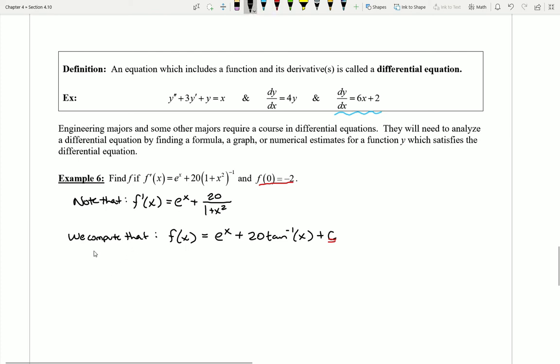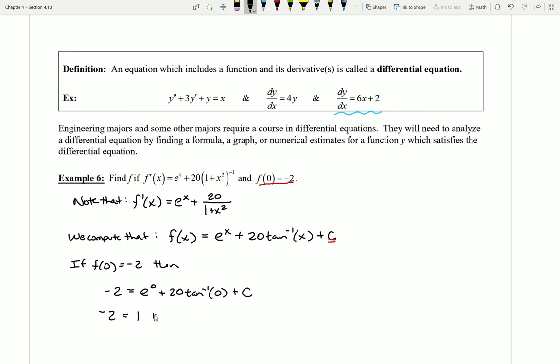So I would go ahead and state that if it's the case that f of 0 is equal to -2, then it must be that -2 is equal to e to the 0 plus 20 times the inverse tangent of 0 plus c. Now e to the 0 is just the value of 1.